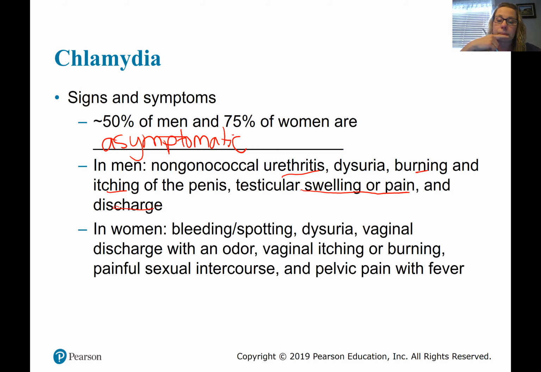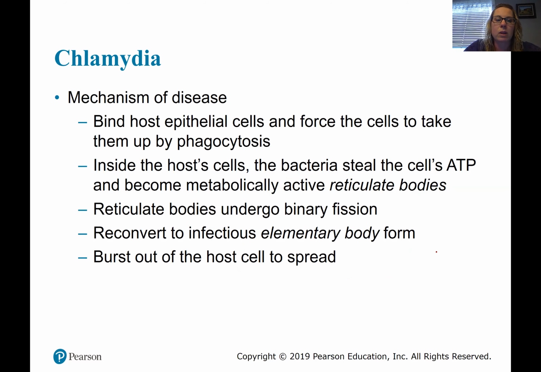In women, could be bleeding or spotting, dysuria, again, a vaginal discharge with odor, vaginal itching and burning, and maybe pelvic pain and fever. And that, again, is if there are signs and symptoms, okay? Most people do not show any.